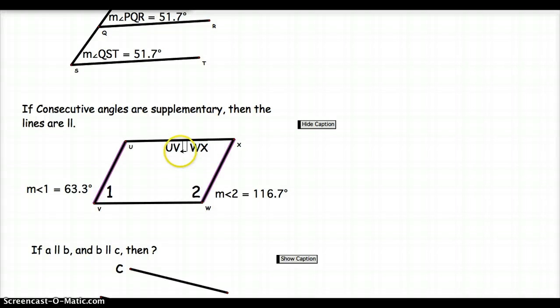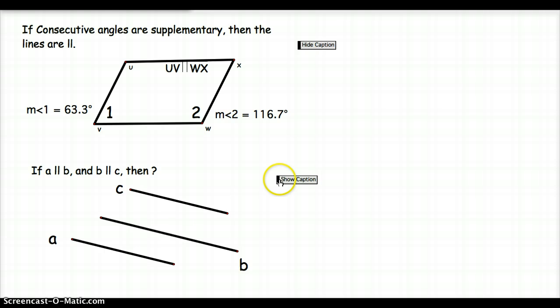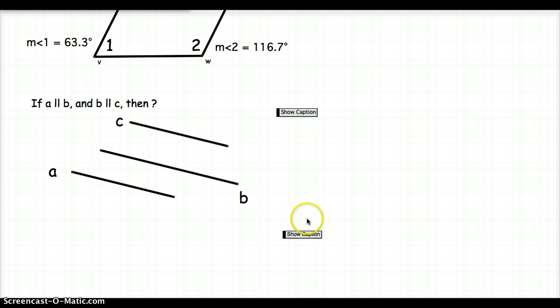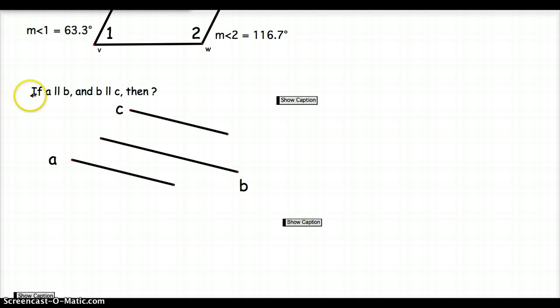Okay, all right. Now let's take a look at this. If A is parallel to B and B is parallel to C, then can you say that A is parallel to C?